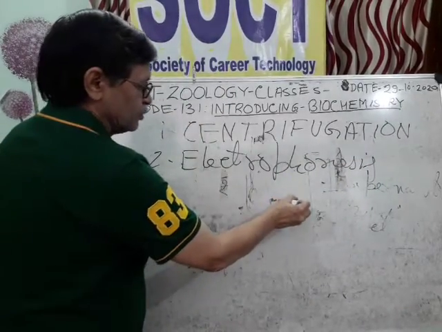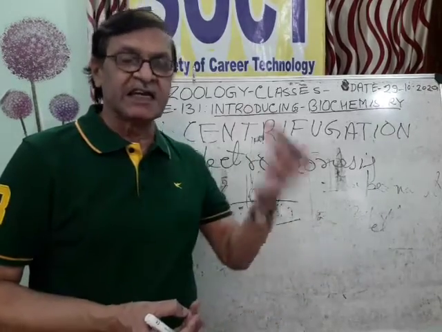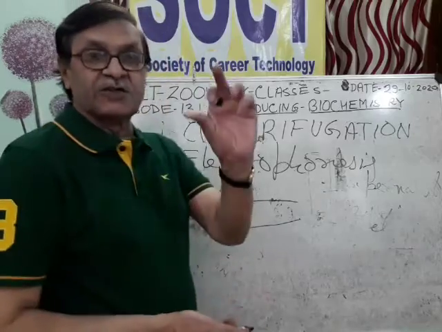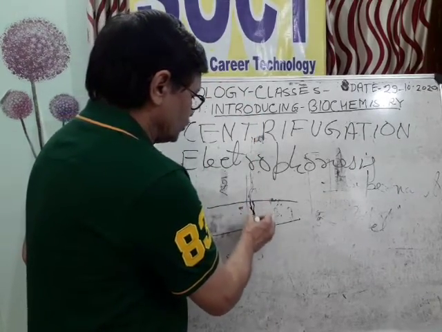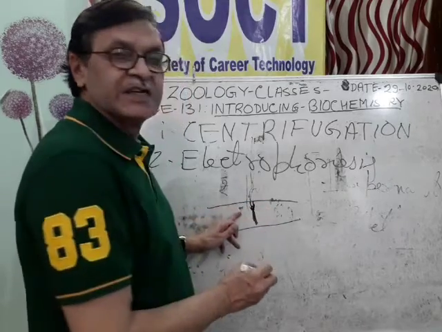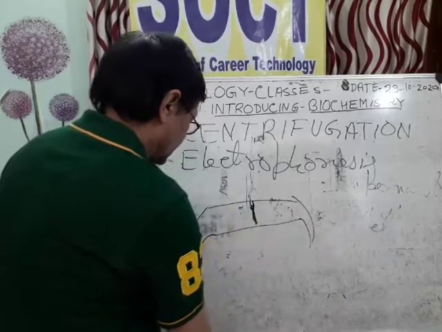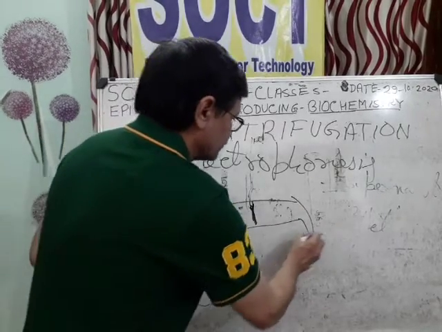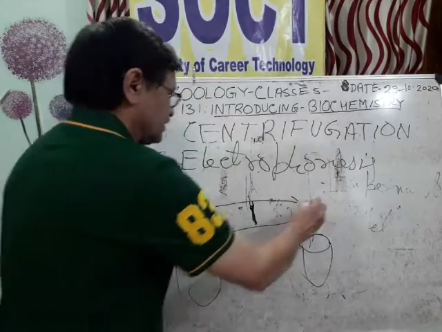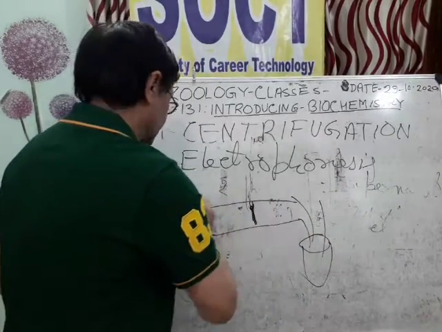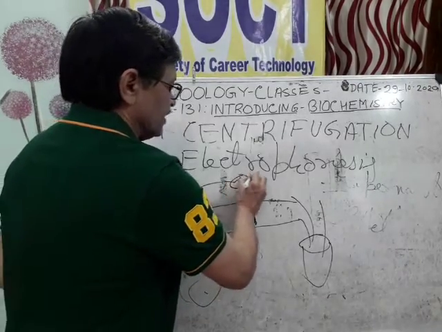Suppose we take a paper or we can take a gel also, like toothpaste. The mixture of molecules is kept here, and both its ends are dipped in a trough having a solvent, and then two electrodes are connected to each chamber, connected with an electrical system.